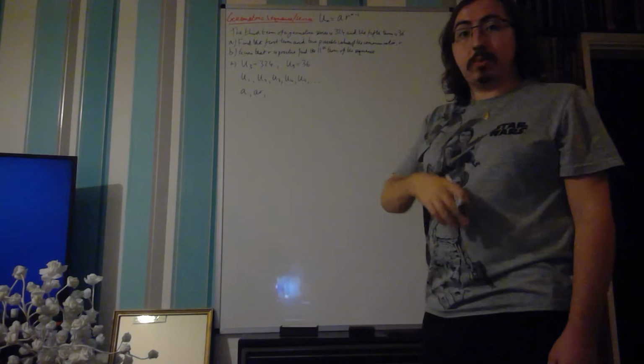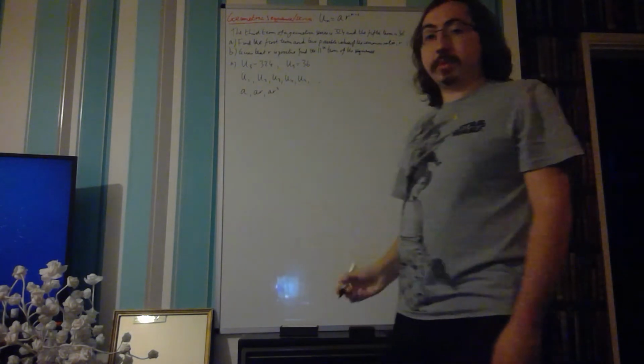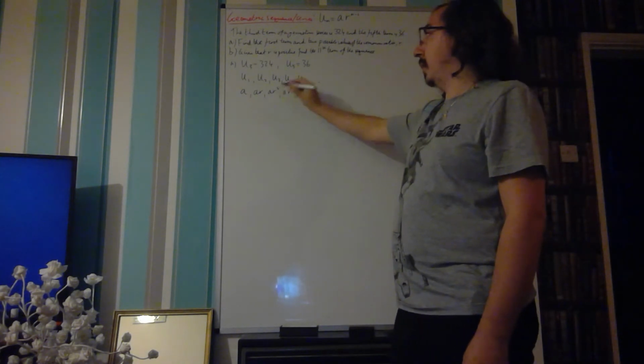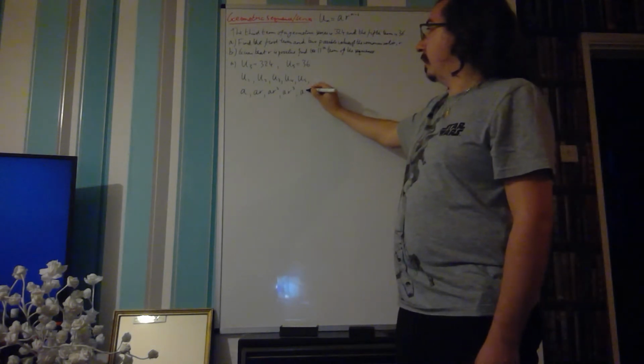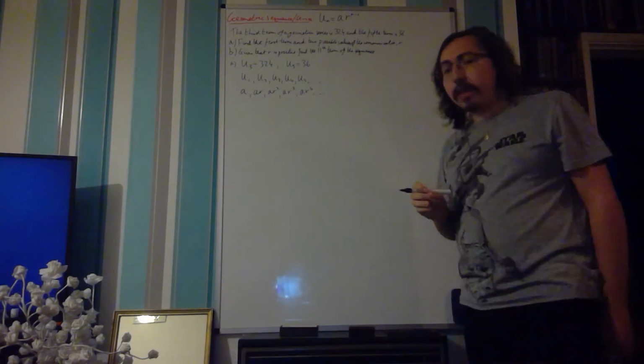The third term is then multiplied by a further R, so we have A times R squared. The fourth term is AR cubed. And the fifth term would be AR to the 4, and so on.